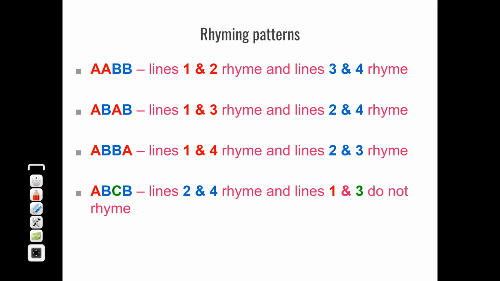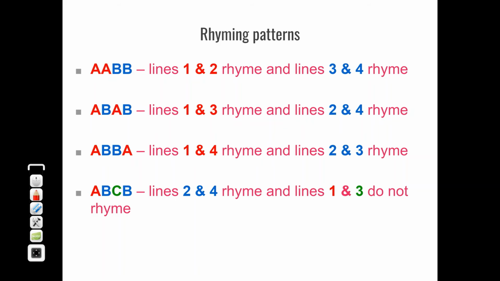Okay, here are some rhyming patterns that you guys might want to write down. If you can do this or know this and not have to write it down, that's fine too. But AABB basically means that line 1 and 2 rhyme, and lines 3 and 4 rhyme.